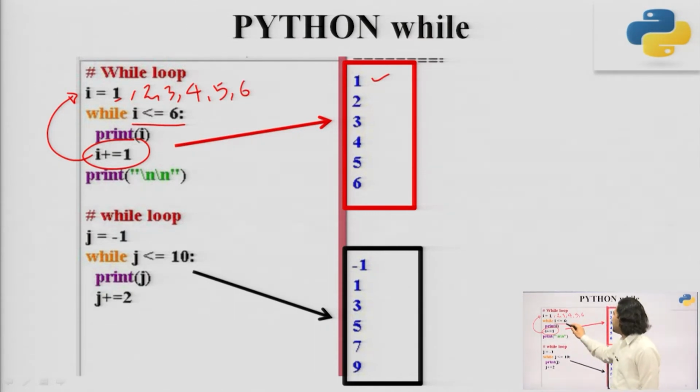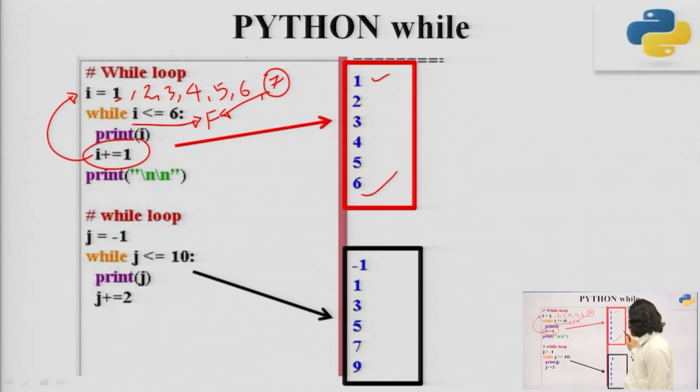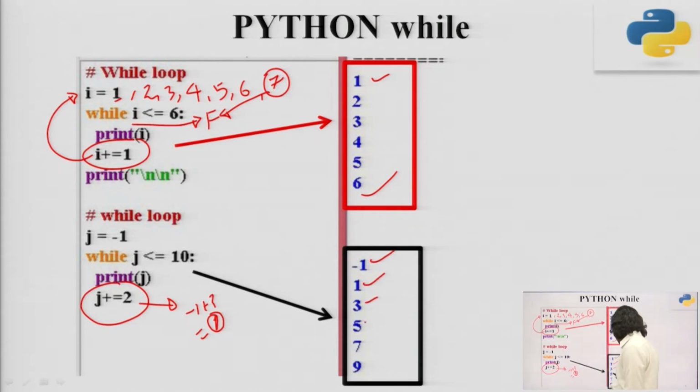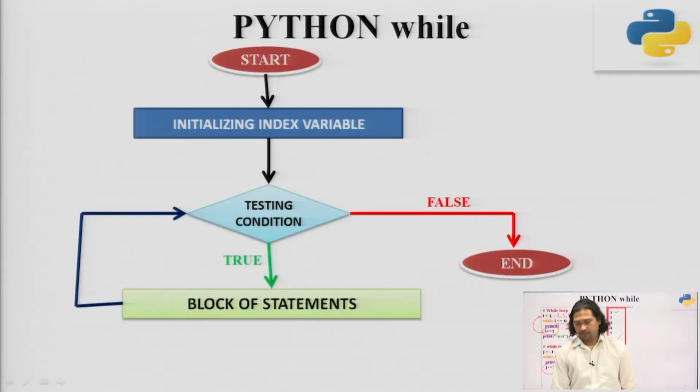Until this condition becomes false, which happens at this number, it is printed till 6. Similarly, here you can see that the updating variable, the value of J, is updated by 2. That means minus 1 plus 2 equals 1. So, here you can see the difference of 2. That means you can control the flow of the loop with the help of this updating variable or updating statement.